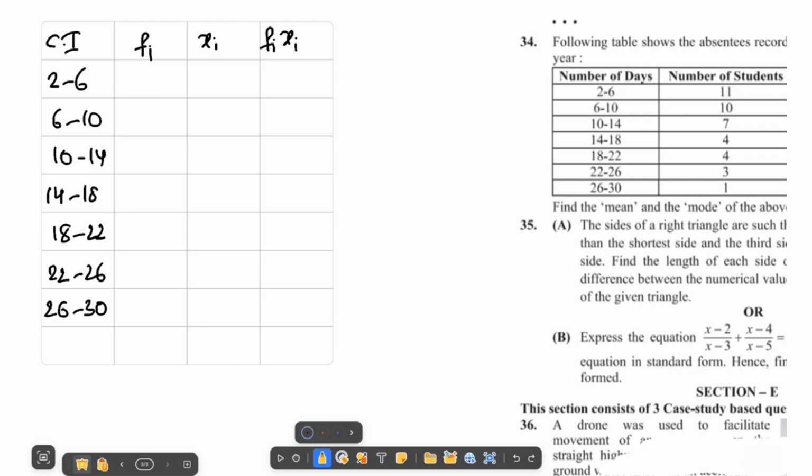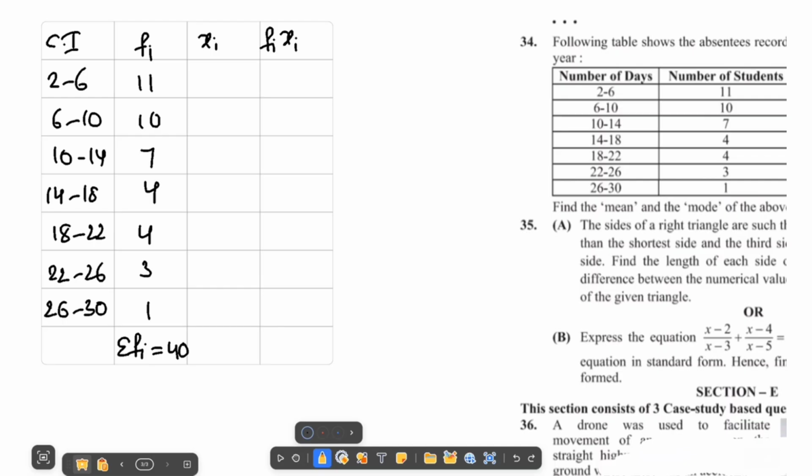Right, frequencies. What are the frequencies? 11, 10, 7, 4, 4, 3, 1. What is the summation Fi, the sum of all the frequencies? 40, right? It is about 40 students.